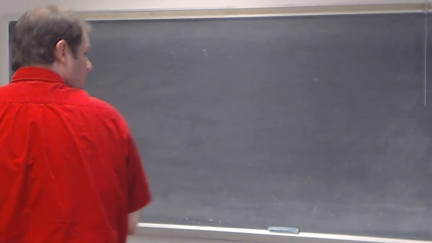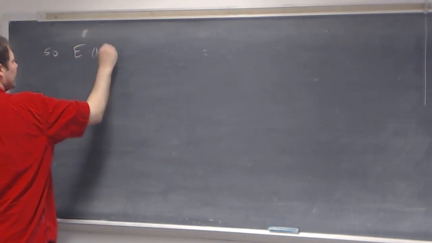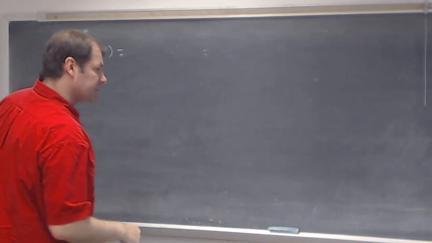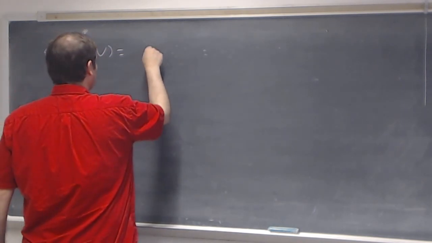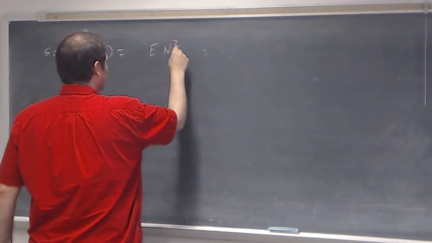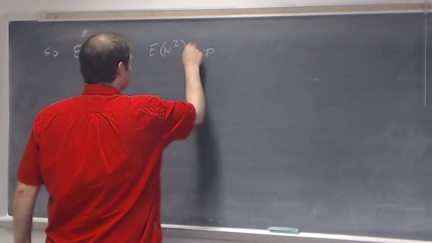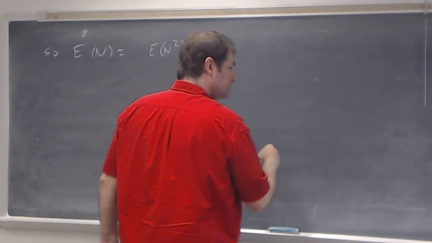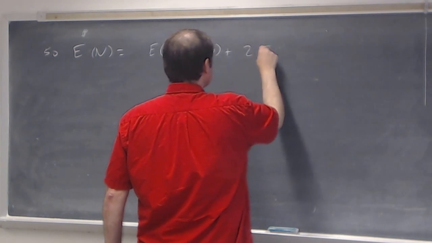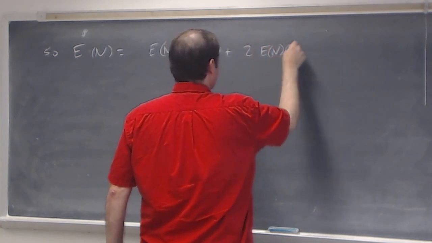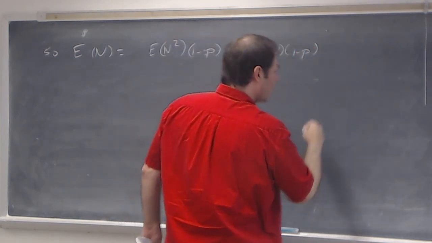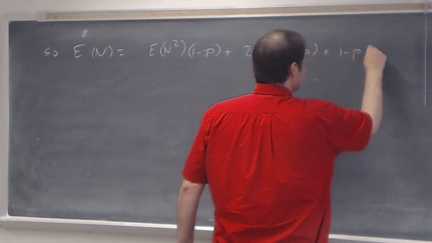So what we have is the expected value of N squared is equal to the expected value of N squared times 1 minus p plus 2 times the expected value of N times 1 minus p plus 1 minus p plus p.